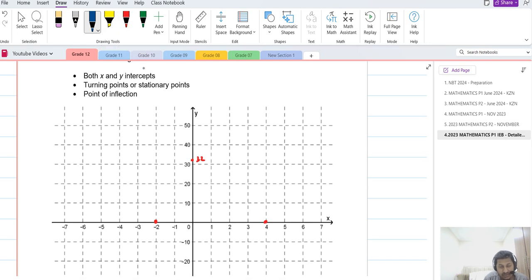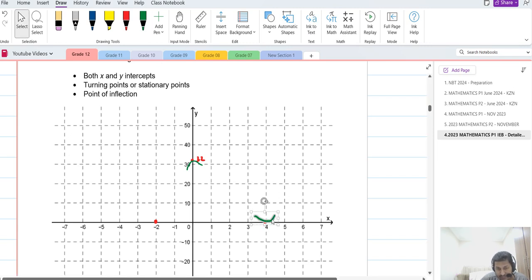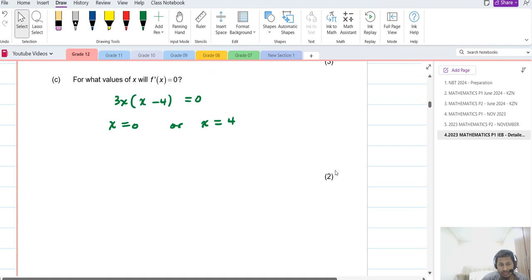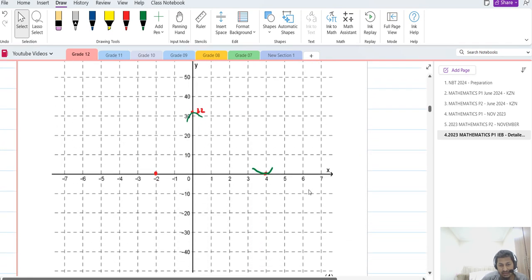So this is coming down, and this is going up. Now I need to join there and come down, and so we've got our graph. And then the inflection point we're going to represent as well.